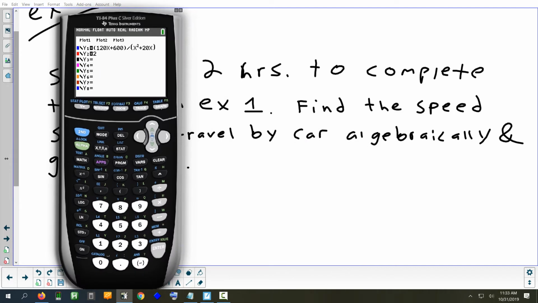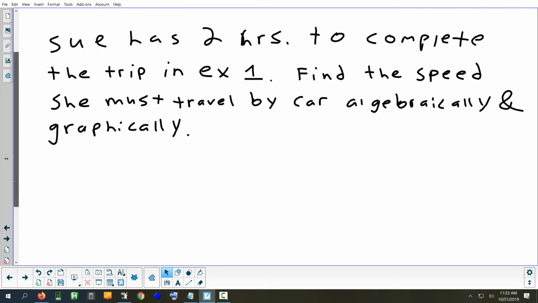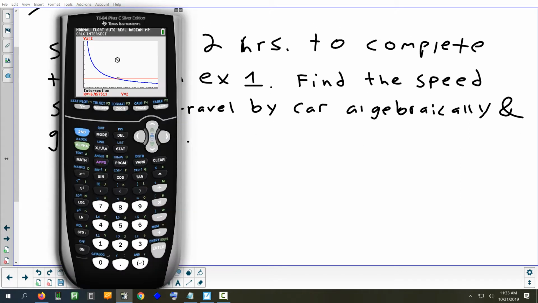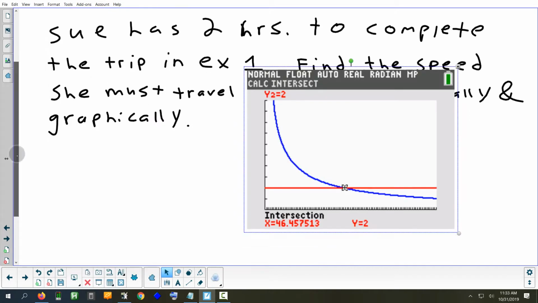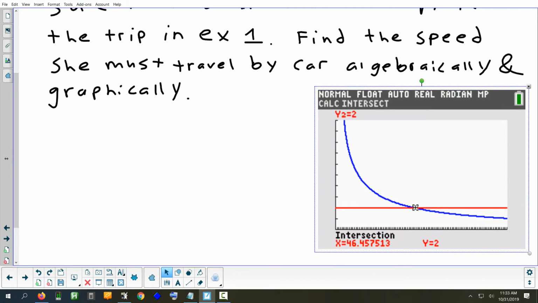And now what? Find the intercept. So second calc, intersect. First curve, second curve. They only cross in one spot, so it's not that important. 46.46 miles per hour. Okay, so that's how you do it graphically.